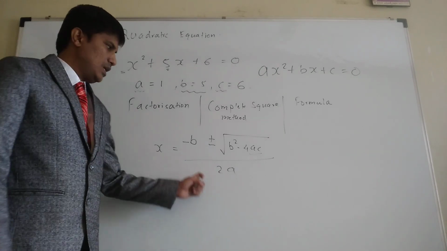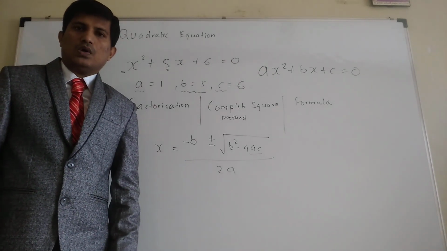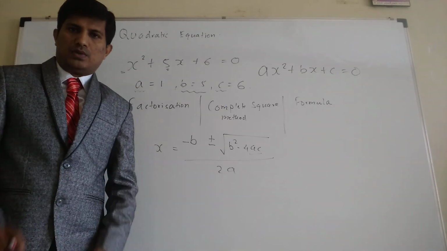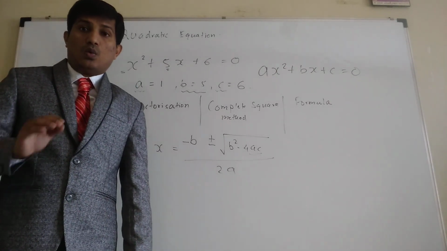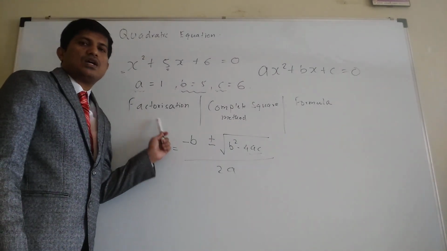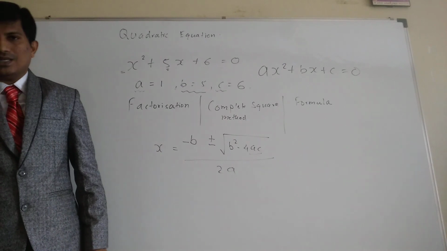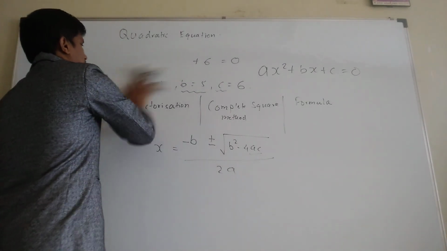Okay, the denominator has 2a. Okay, are you understanding? Now this is the basic information regarding the quadratic equation. Now what will we do? We will try to solve with the factorization method, which is almost easy. Now how is that? Just try understanding with me.